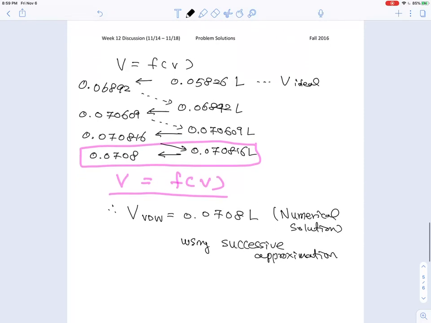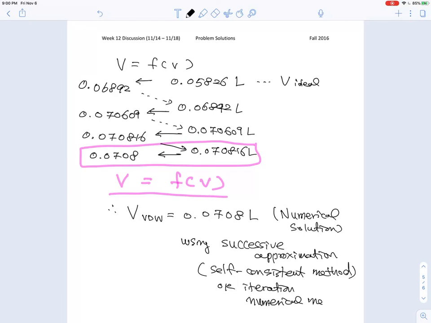Some people call this the self-consistent method, and it is also known as the iteration numerical method. Okay, so now you can solve this one. Therefore, the van der Waals gas volume that we can use is those values.